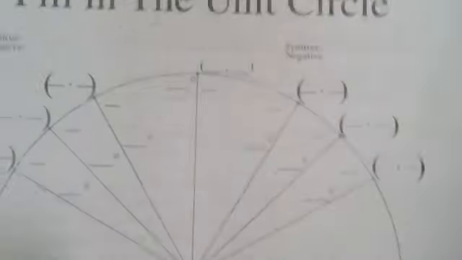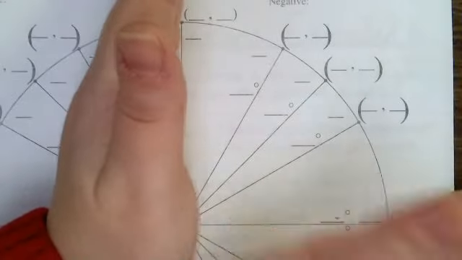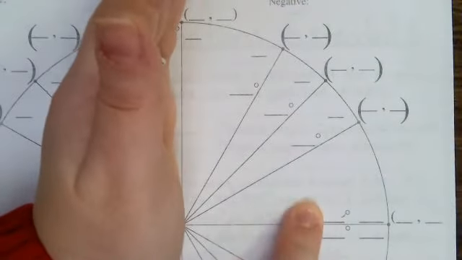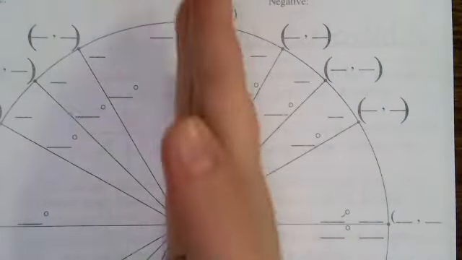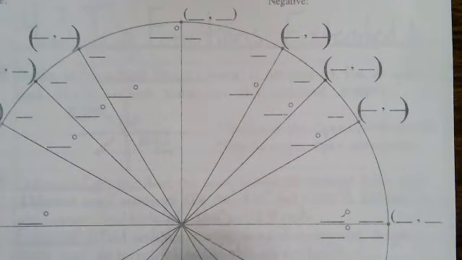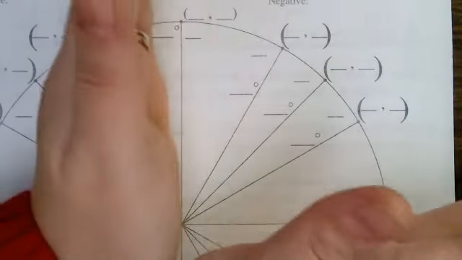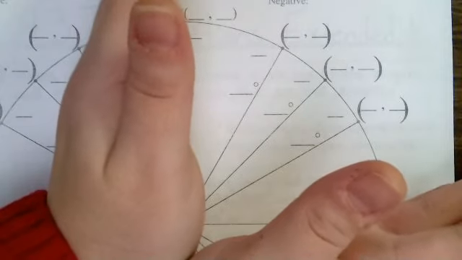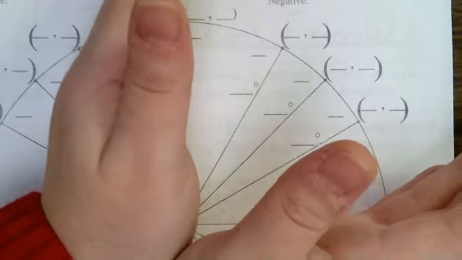So this is a blank unit circle, but I want you to think about 90 degrees would be here, right? The starting side would be on this side, terminal side where my hand is right there. Now, if that's where 90 degrees was, but I went a full another 360 degrees, you would land in the exact same place. And that's what's considered a coterminal angle, because it lands in the exact same place.